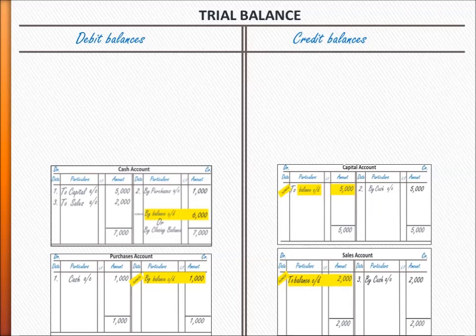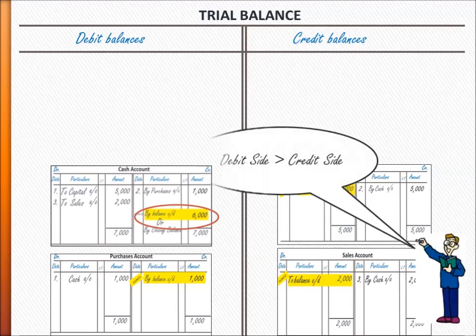So in the cash account on credit side, the closing balance was 6,000 on credit side. If the closing balance is on credit side, what does it mean? The debit side was stronger and the credit side was weaker. That's why we had to supply the amount to credit side. Technically speaking, cash account is carrying debit balance because it has the stronger debit side.